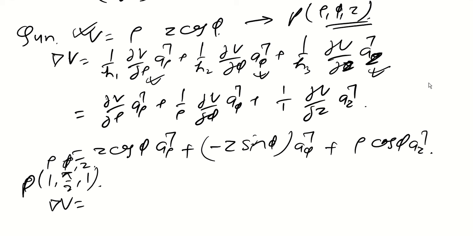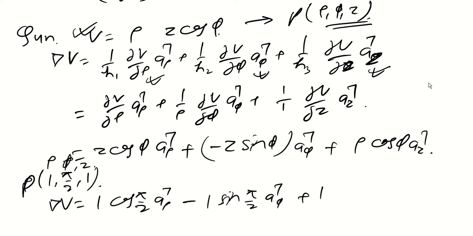So it will become 1 cos pi by 2 a rho minus 1 sin pi by 2 a phi plus 1 cos pi by 2 a z. Cos pi by 2 is 0, so that becomes 0, sin pi by 2 is 1, so it becomes minus a phi, and again the last term becomes 0. So you are getting just del v as minus a phi.